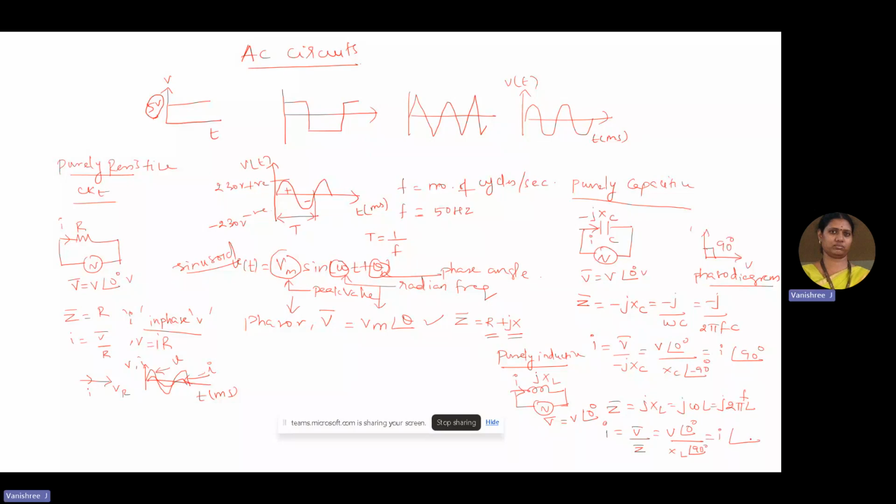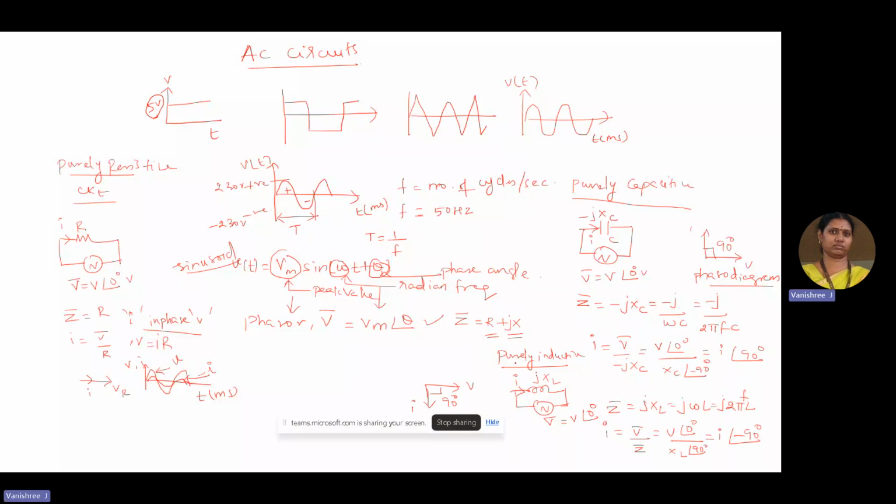So thereby it is I with an angle of minus 90. So if you take the phasor diagram, V and the current I is lagging by an angle of 90 degrees in case of a purely inductive circuit.